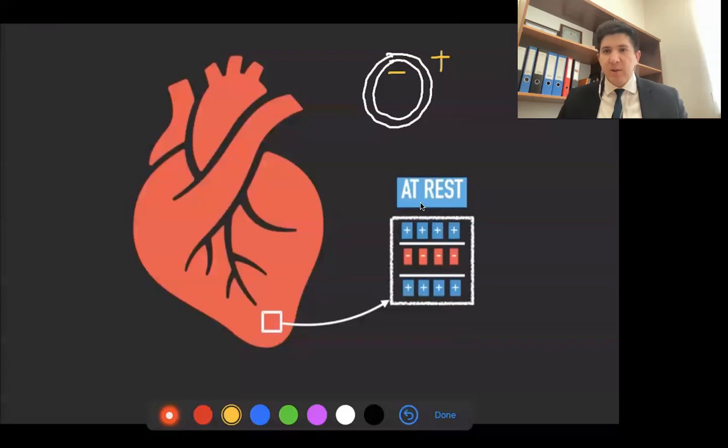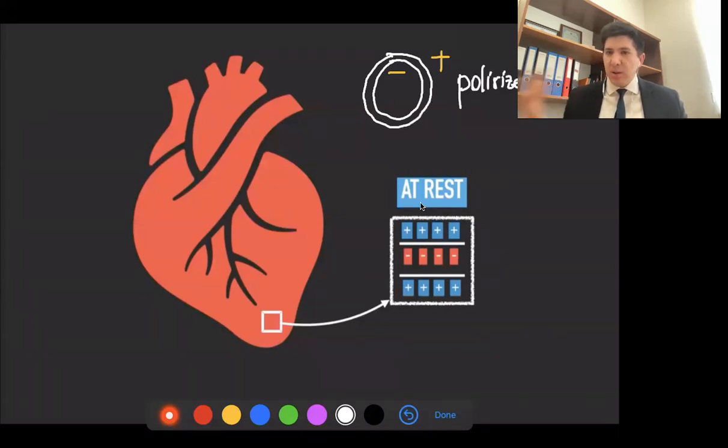At rest, when all of these processes are going on, for example, potassium ions going outside and sodium ions coming inside through the special gates, the charge inside is negative and the charge outside is positive, equal to minus 90 millivolts for the myocardiocytes at rest. At rest it is polarized.